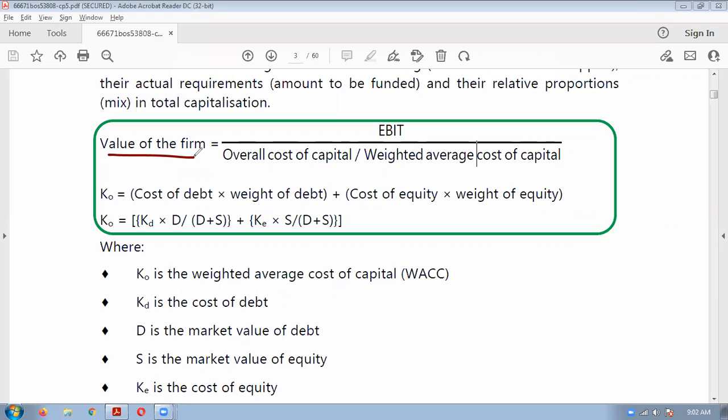There you used to calculate the future maintainable profit, EBIT, then you capitalize it using your normal rate of return, and you get the value of the firm. So it is similar to that: EBIT divided by weighted average cost. It is capitalizing the EBIT, and you get the value of the firm. Understood? So it is capitalization of EBIT.